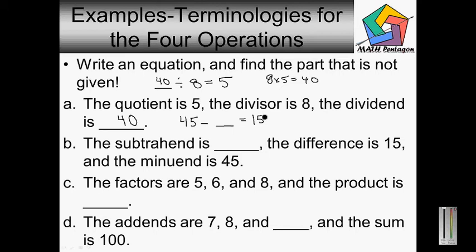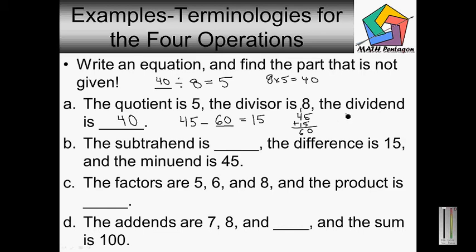So there's a strategy in solving to get that subtrahend. So we basically just do 45 plus 15. 5 plus 5 is 10. We carry the 1. 4 plus 1 is 5, plus the 1 is 6. And our subtrahend is basically 60. So 60 minus 45 equals 15.